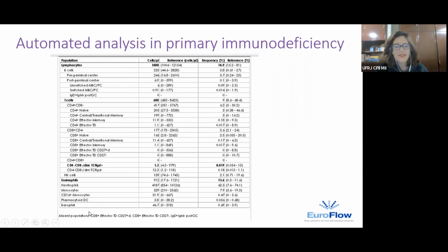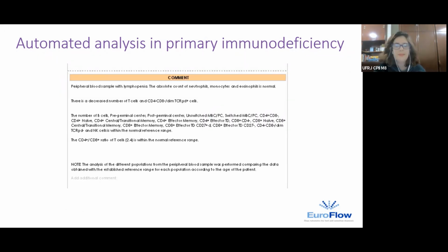So we have here absent populations: CD8 positive effector terminal differentiation, CD27 negative, and also B cells, IgD positive, IgM negative, post-GC. These cells are absent. And finally, the program suggests comments.